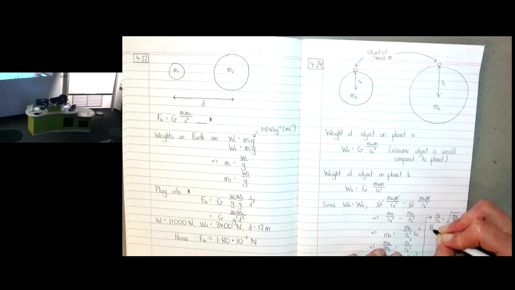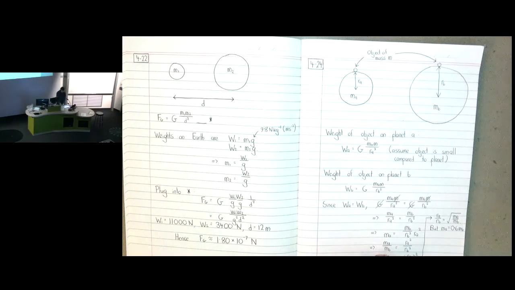This means that the mass of planet A is just equal to 0.6 times the mass of planet B. So writing this is exactly the same thing as saying that the mass of planet A is 60% the mass of planet B. And if we now just divide both sides by this mass of planet B, what we end up with is that the mass of planet A divided by the mass of planet B is just equal to 0.6.